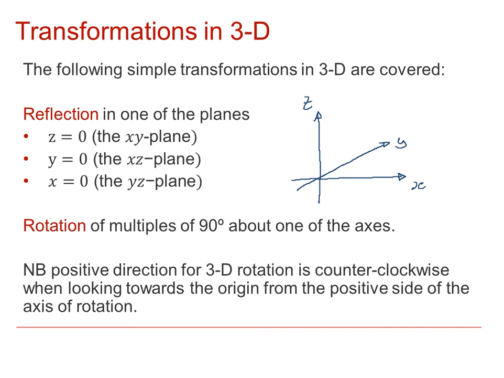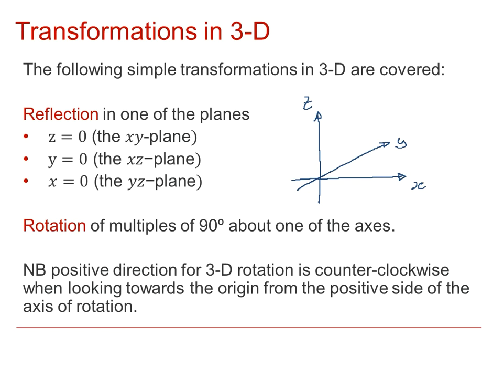If we're looking at rotations in 3 dimensions, then the positive sense of the rotation is anti-clockwise, or counterclockwise, when we're looking from the positive axis that it's rotating around.